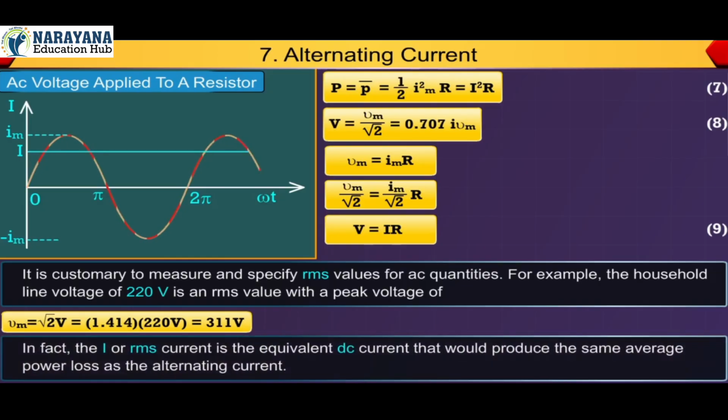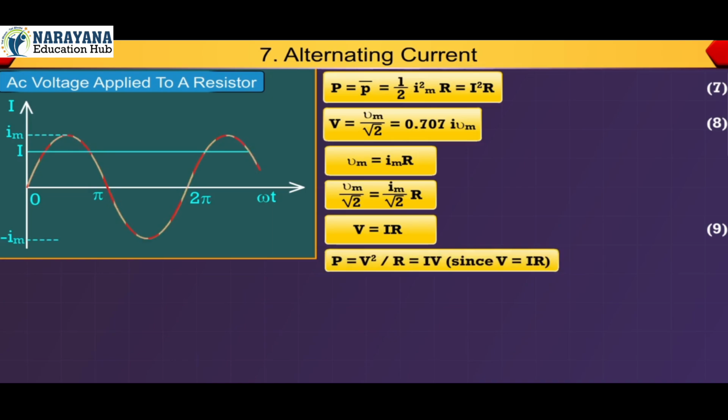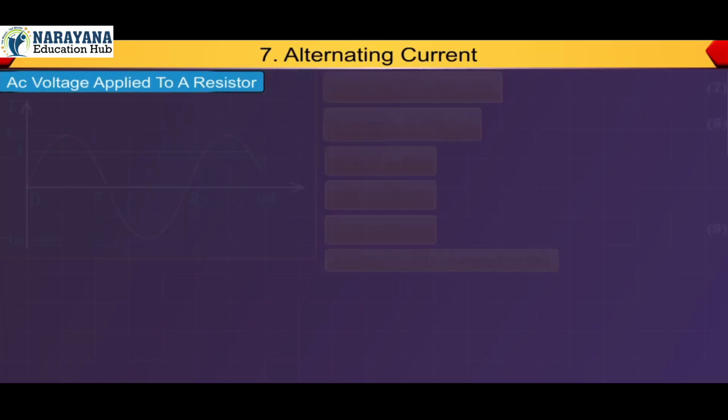In fact, the rms current is the equivalent DC current that would produce the same average power loss as the alternating current. Equation 7 can also be written as P = V²/R = IV, since V = IR.